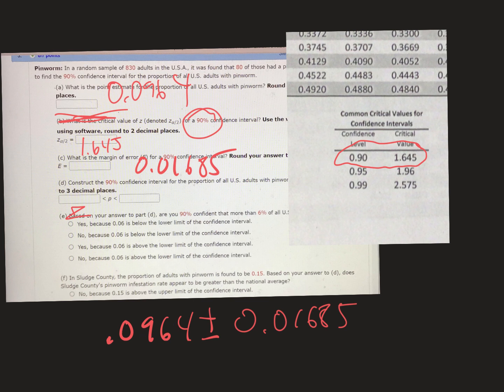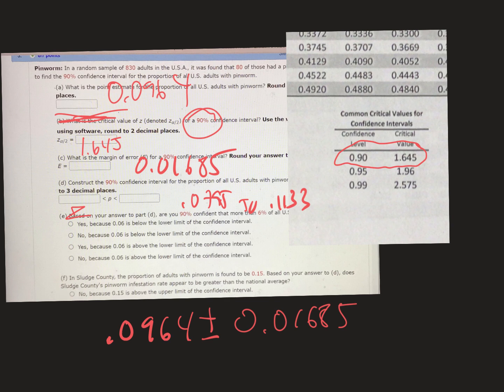Then we'll do this number plus that, and that'll go here. So let me write that out. When I crunch this, I'm getting 0.0795 as my lower bound to 0.1133 for my upper bound.